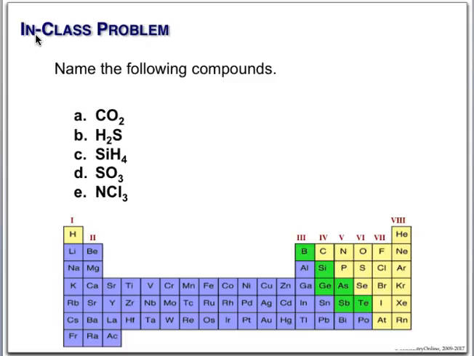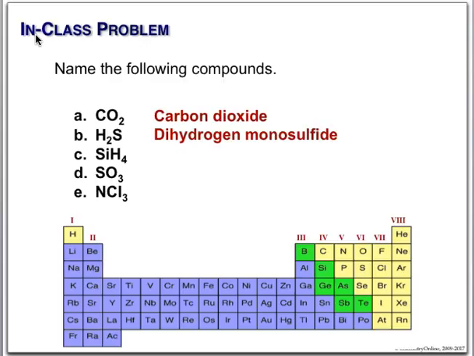Our first one, our first word is simply carbon. We have 2 oxygens. We say di for 2. This is carbon dioxide. Our second one, we have 2 hydrogens. So we're going to need a di in front of that. That's simply dihydrogen. We have 1 sulfur, so it's monosulfide.